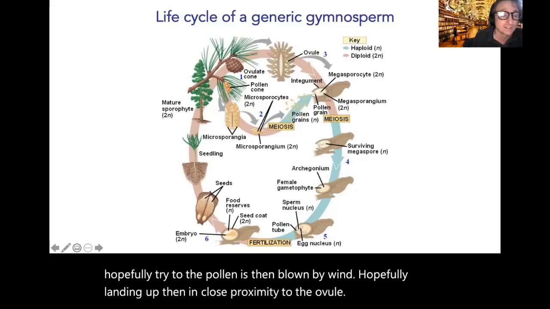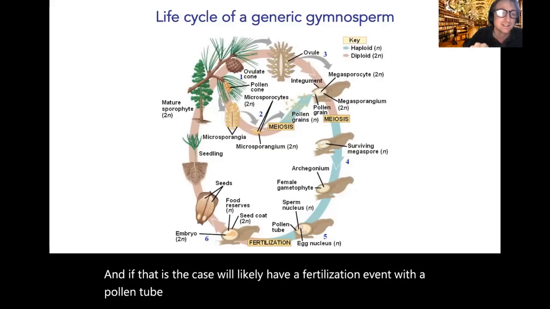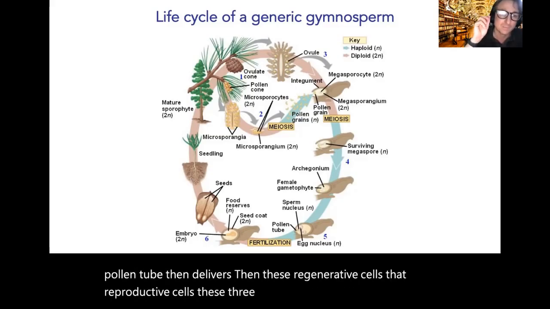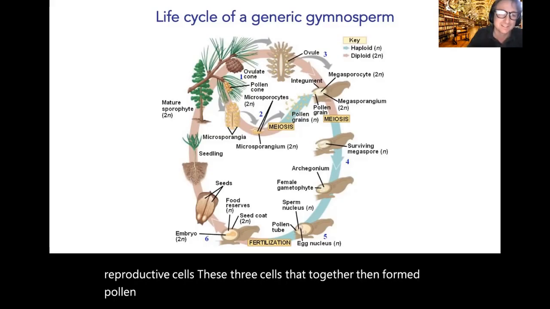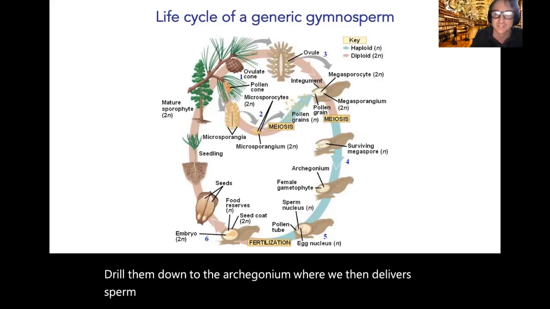And if that is the case, we'll likely have a fertilization event where the pollen tube delivers the reproductive cells, these three cells, which together form pollen tubes, drill down to the archegonia, where we deliver sperm directly and have a fertilization event.